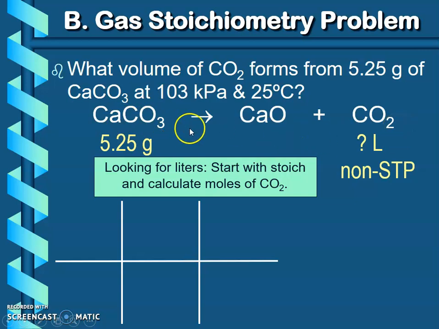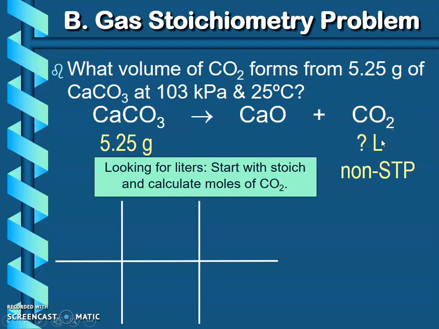So there's my balanced equation. 1 Ca on this side of the arrow, 1 Ca on this side, 1 carbon, 3 oxygens here, 1 here, 2 here, balanced. And I'm given 5.25 grams of the calcium carbonate, and I want to know what volume of carbon dioxide forms, so how much of the CO2.